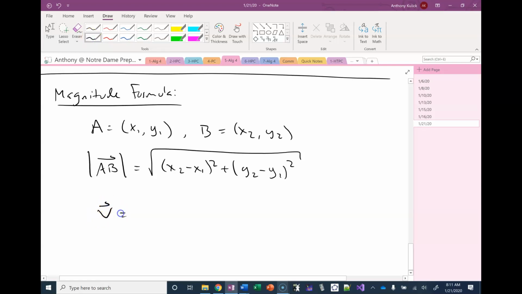But what happens if I have just a vector that's in component form? What does this magnitude formula simplify to now?